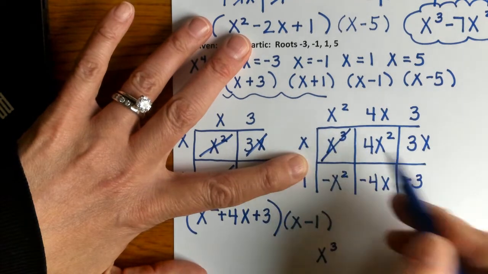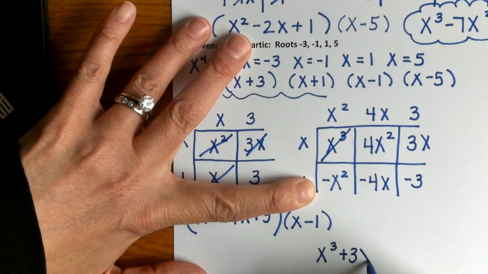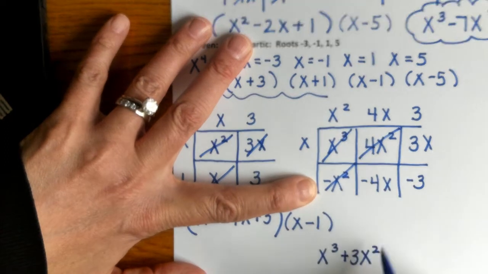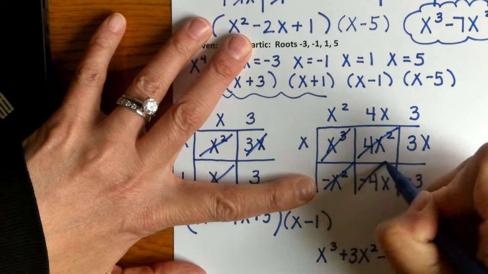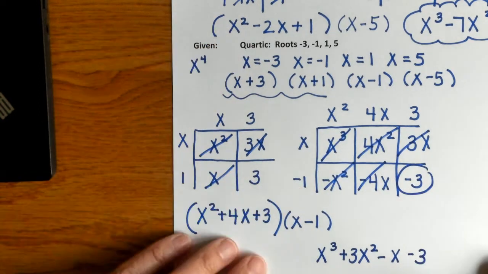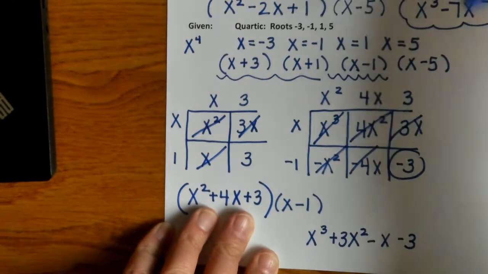Cross it out. 4x squared minus x squared, so that's positive 3x squared. Cross them out. 3x and negative 4x is negative x. Cross them out, and my constant is negative 3. Alright, so that was the add-on of x minus 1.